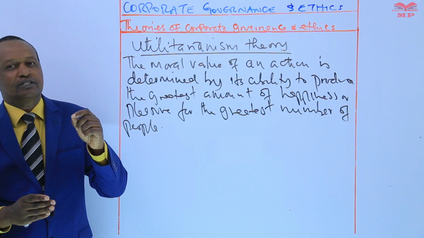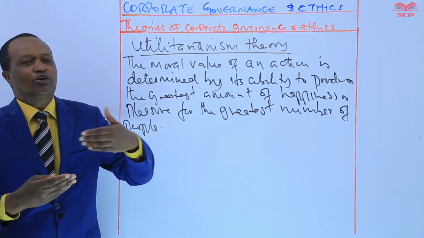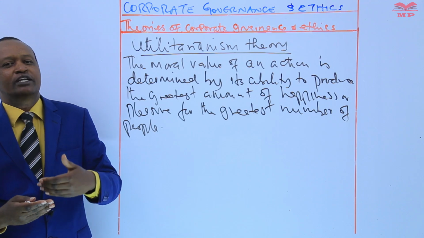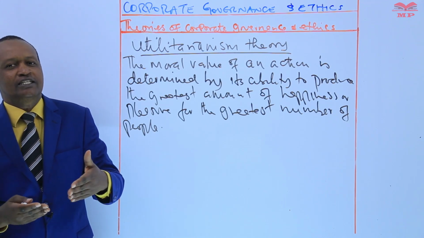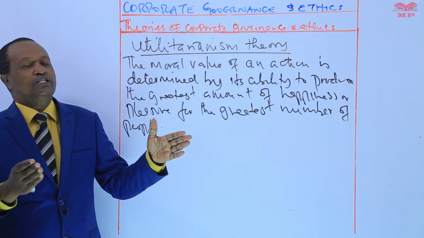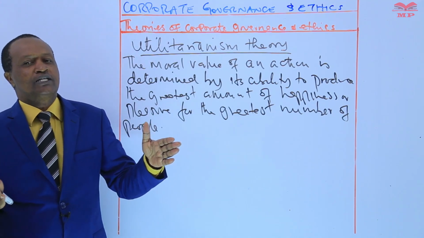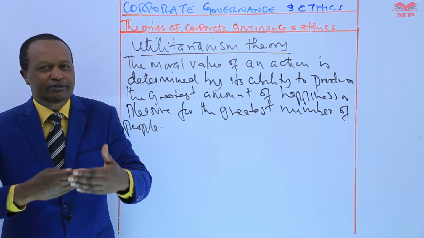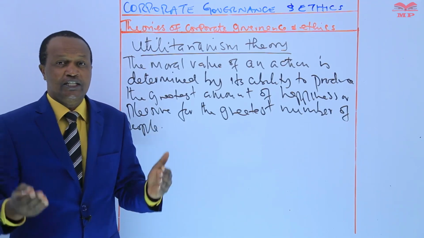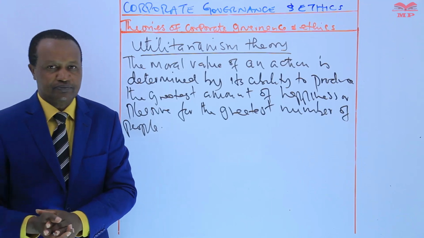That maximizes the overall benefit to the society. And that may involve making decisions that balance the interests of different stakeholders, such as the shareholders, the employees, the customers, and the wider community, in order to maximize overall welfare. That is the utilitarianism theory.